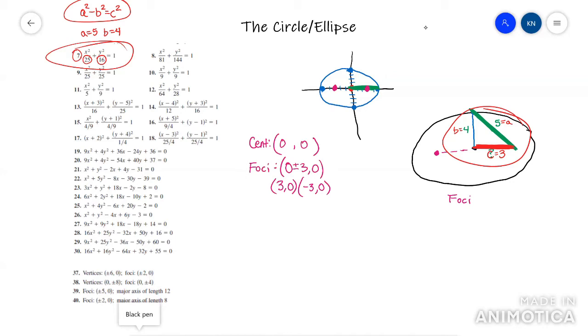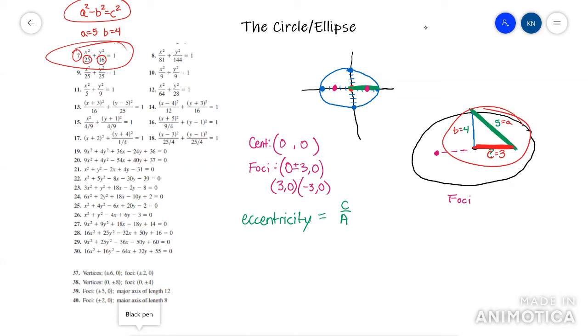All right, so you knew what A was, you knew what B was, you solved for C. And then the other thing that they might ask you about an ellipse is the eccentricity. Basically, eccentricity is how circular this ellipse is. It's like a rating of how circular it is. And all you have to do is go C over A. You're referring to these A's, B's and C's that you've been solving for the whole time.